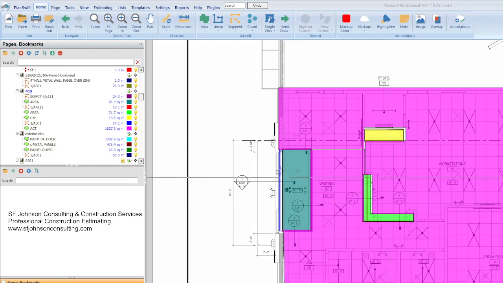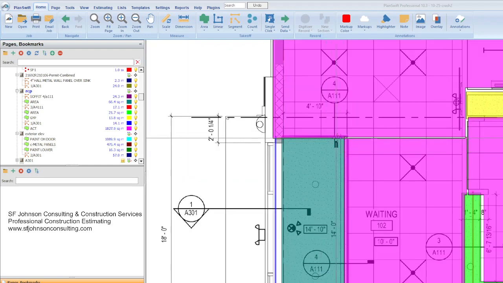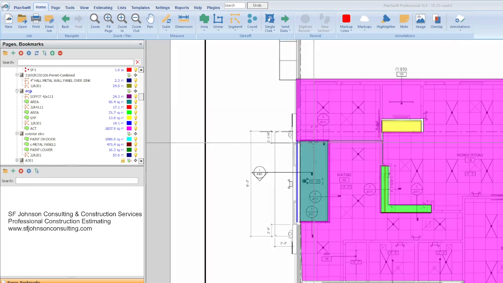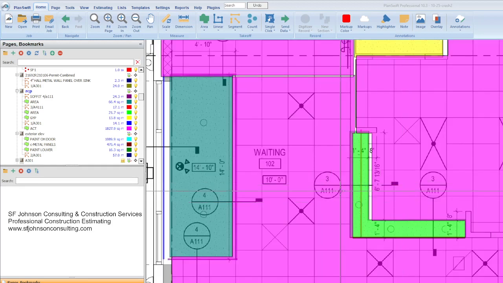Then we have the length and the area that accounts for it. Same thing here, we have a 3 over A111. We have the area that's outlined in green, and it's also going to have a length.